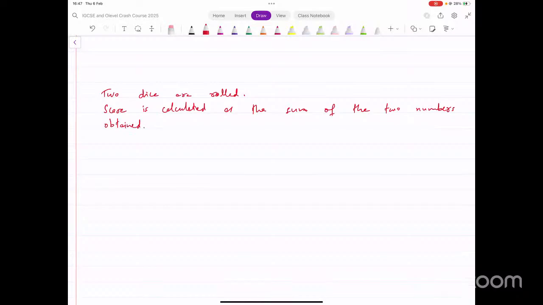So you're rolling two dice, and the score is calculated as the sum of the two numbers that you get.